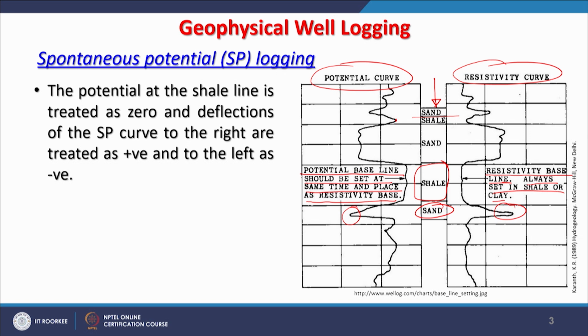Though these are schematic, the potential curve and resistivity curve are almost mirror images. That can also confirm if something has gone wrong in one of these loggings, because it will tell you what has happened.